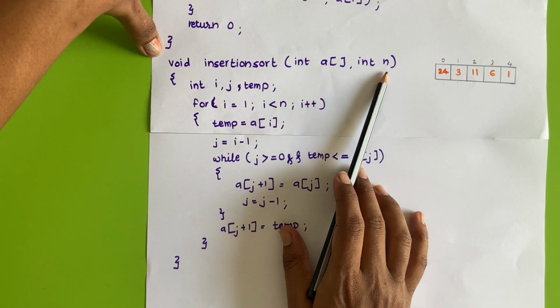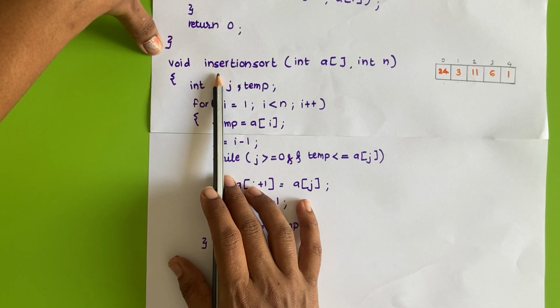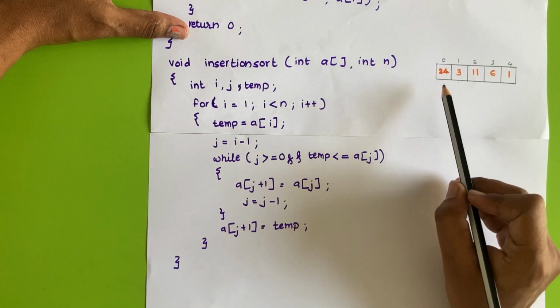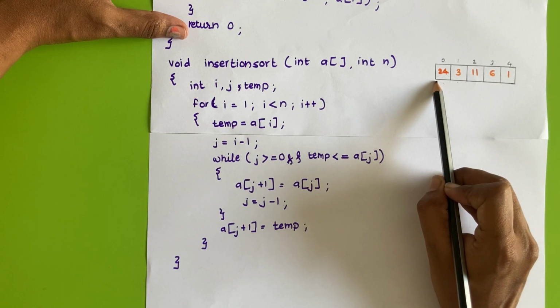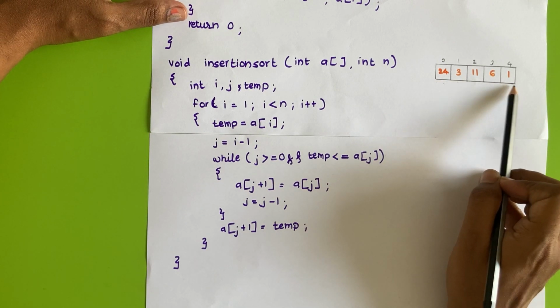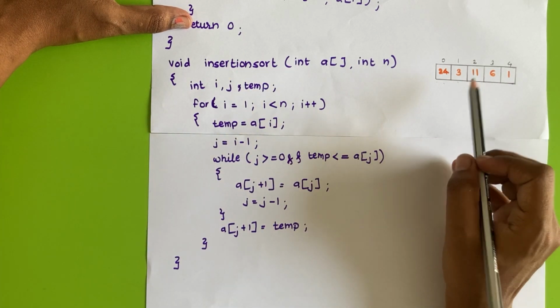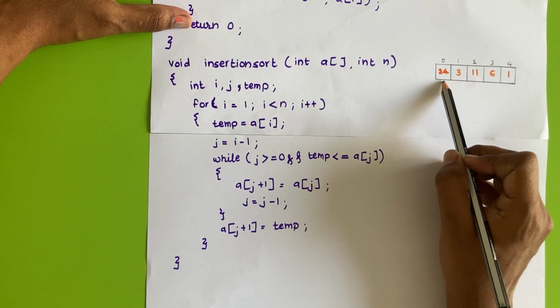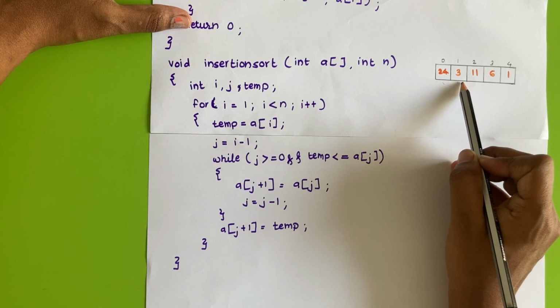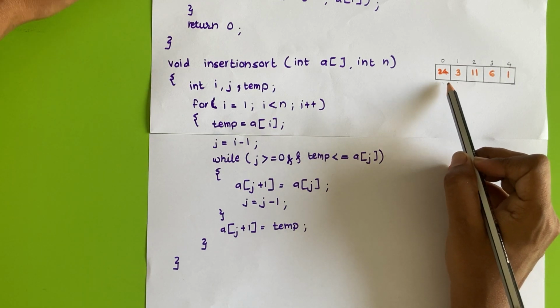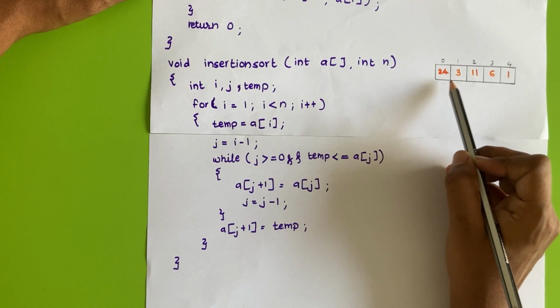Now let's start the implementation of insertion sort. So this is our array and these are the 5 array elements. In case of insertion sort, what will we do? The second element will get compared with the first element. This means the right element is always compared with all left elements in insertion sort.